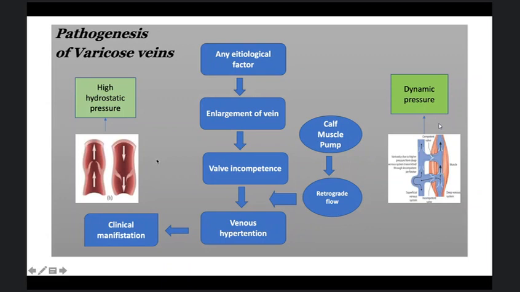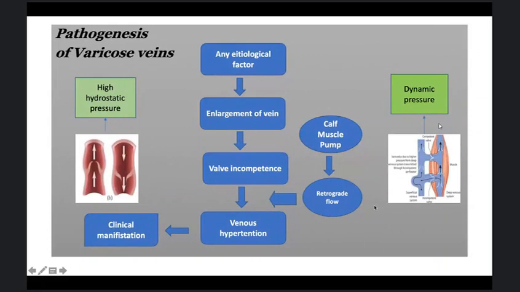When there is valvular incompetence, there will be high hydrostatic pressure. As I said before, the blood will accumulate inside the venous system. Pressure applied by the calf muscle will lead to retrograde flow through these incompetent valves.